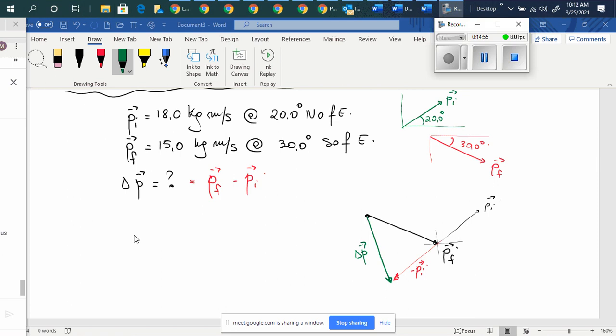Now, when we are doing it mathematically, we are using the table of components. Stop the video here and I will do the components, and you can compare your work to my work.